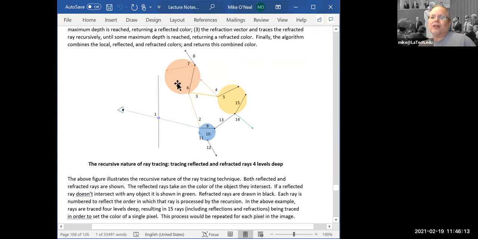You only test for individual polygons if you make it through the bounding volumes, and a lot of times you have bounding volumes of various sizes and shapes, so that you can eliminate many of the intersections as quickly as possible.